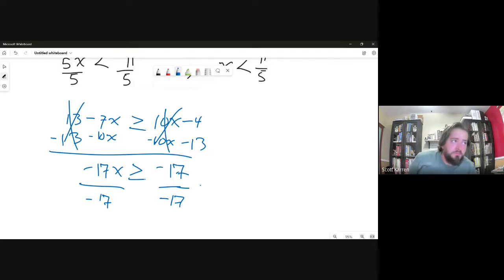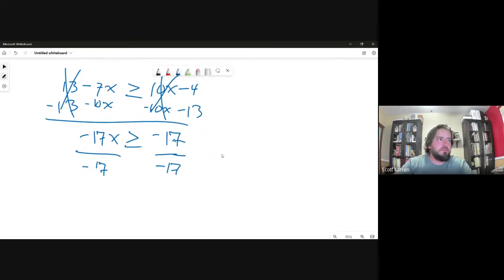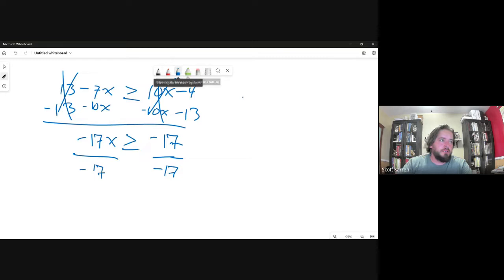Since I'm dividing by a negative, I have to be careful with that, because the very first thing I do is I'm going to flip that, and my greater than or equal to becomes a less than or equal to, and I've got x isolated on the left.